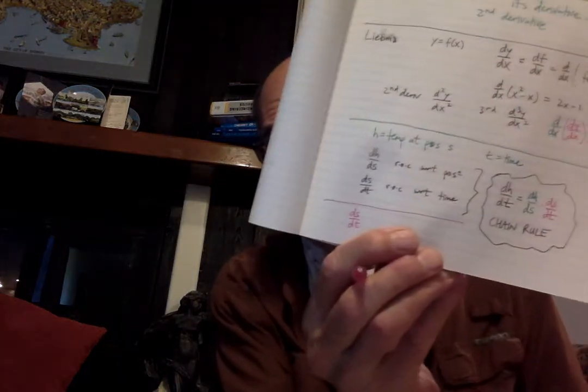One final note, worth saying again: dS by dT, so S was position and T was time, dS by dT has a special name. That's the velocity, rate of change of position with respect to time. That's velocity. Velocity has a sign. It can be moving in the positive direction or the negative direction.